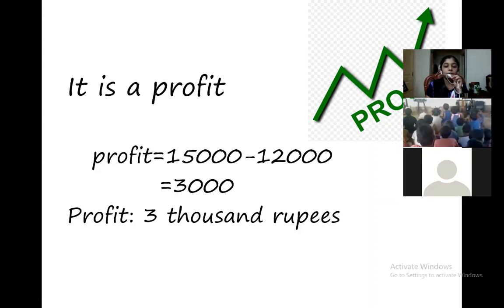Yes, right? So here the selling price is 15,000 and the cost price is 12,000. So it is a profit. So how do you find a profit? Higher number minus lower number, which is 15,000 minus 12,000 is equal to 3,000.